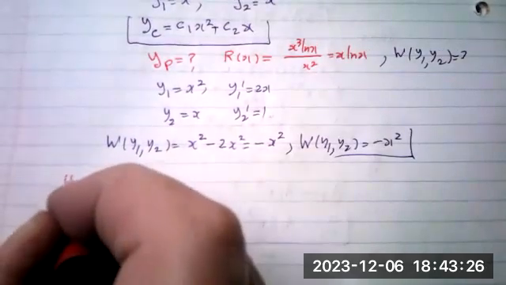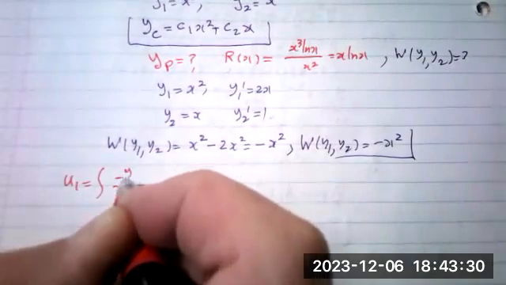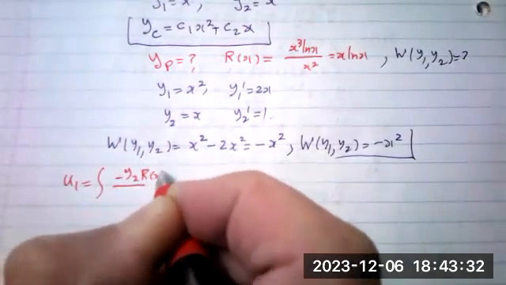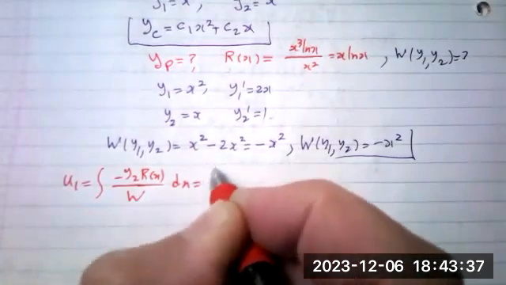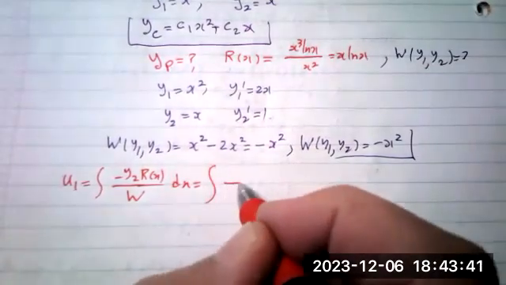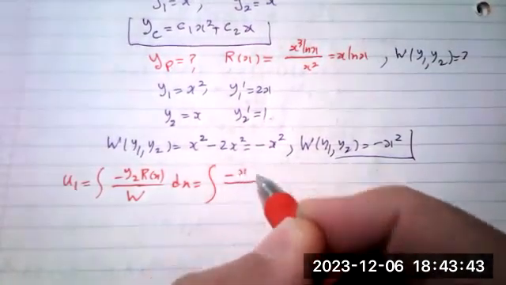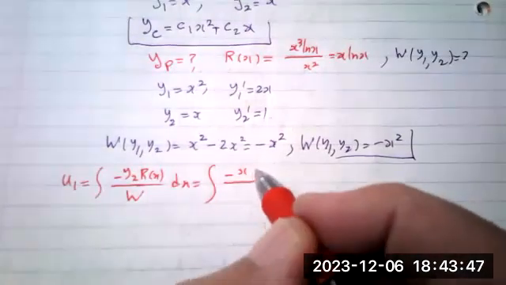Okay, we go for it. U1 is the integral of negative y2 R(x) divided by the Wronskian, dx. Y2 is x, so that gives me negative x. R(x) is x ln x.